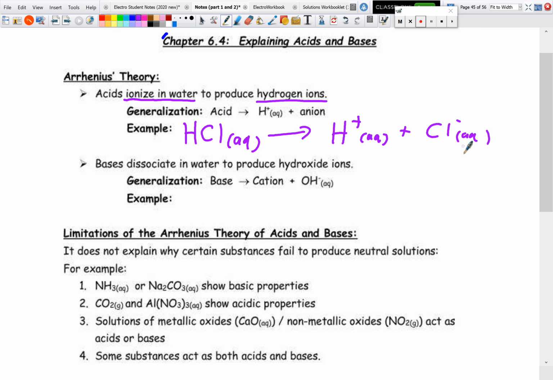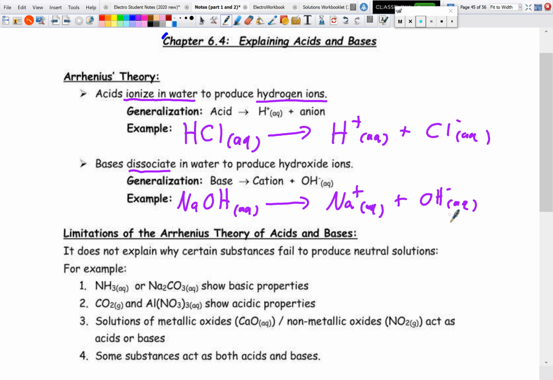Now for our bases, we had bases dissociate in water to produce hydroxide ions. Because it's dissociate, remember all bases were considered ionic, so we have our base produces our cation and hydroxide. For example, sodium hydroxide can dissociate to produce our sodium ion and our hydroxide ion.